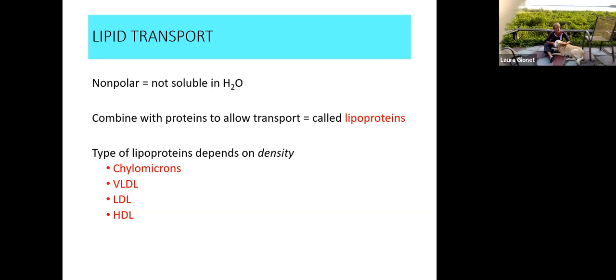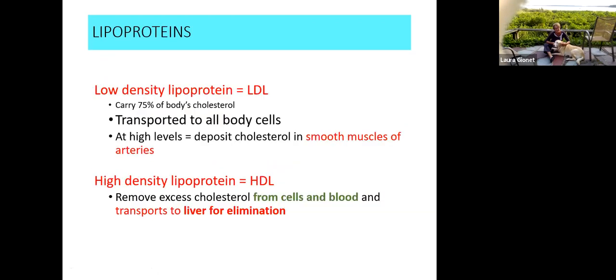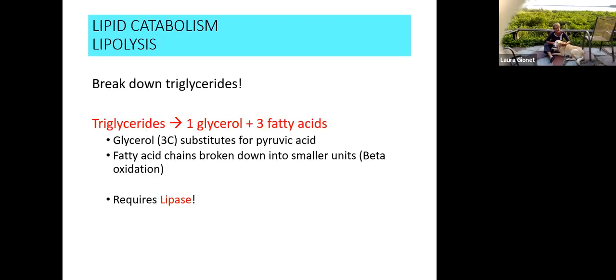It becomes denser and denser and denser, all right? So the chylomicrons have the least density. Then you have the very low density lipoproteins, the low density lipoproteins, and the high density lipoproteins, because there's a lot of protein there compared to an LDL or a VLDL. All right, so HDLs are the good ones.